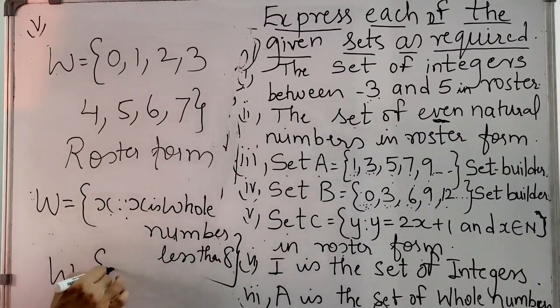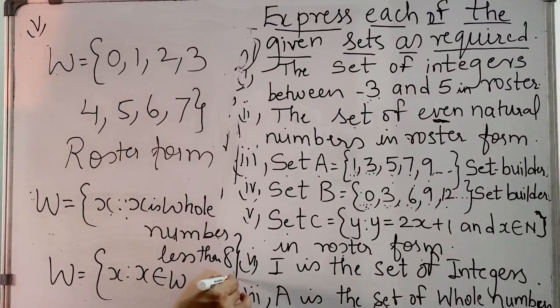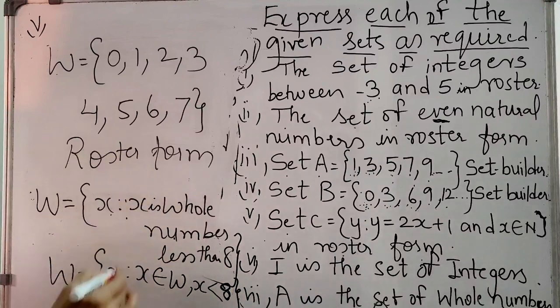Put curly bracket x such that x belongs to the symbol for whole numbers, and x is less than 8. Cover with curly bracket.